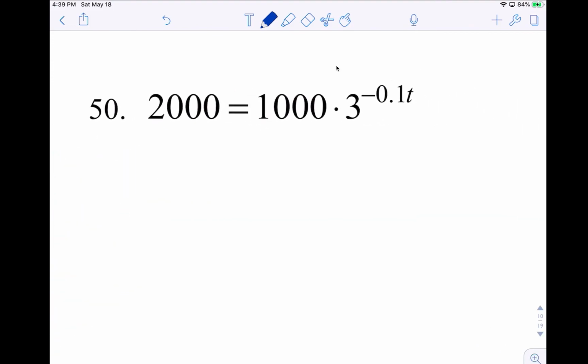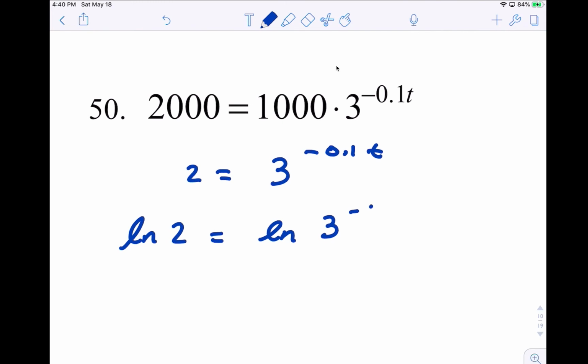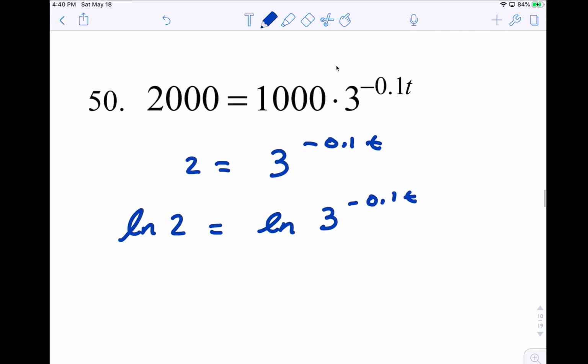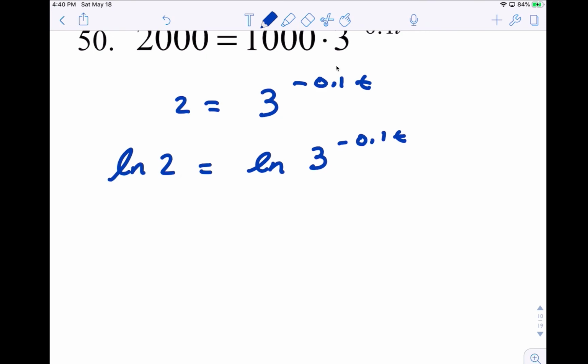The next one, divide over the 1,000. So you get 2 equals 3 to the negative 0.1 t. Now I can't really get a similar base with base 2 and base 3. So just use natural log now to solve. So I got ln of 2 equals ln of 3 to the negative 0.1 t.